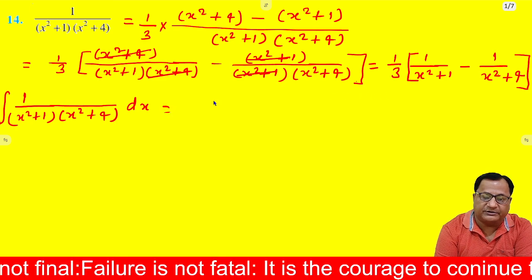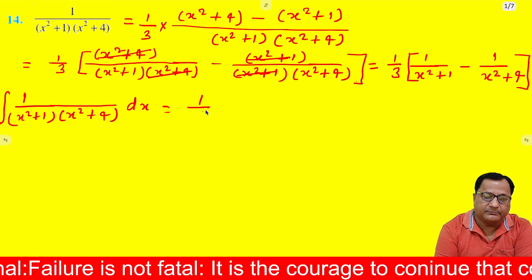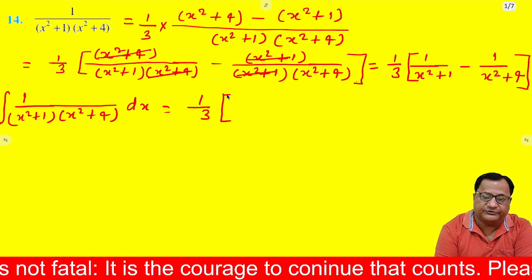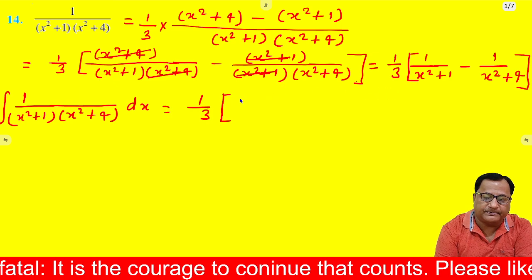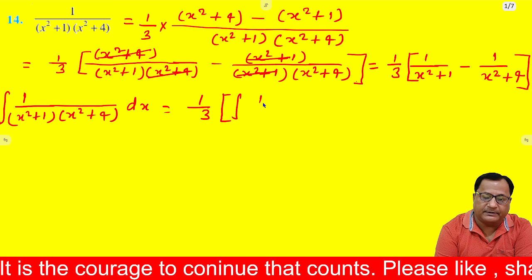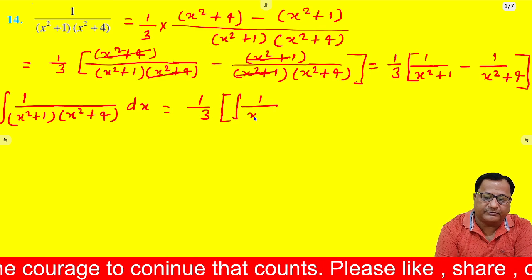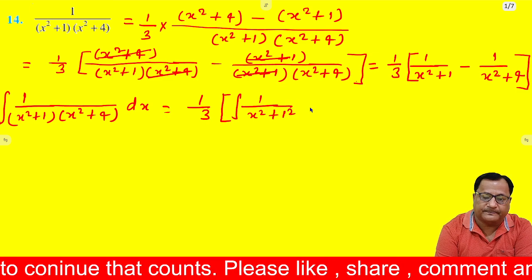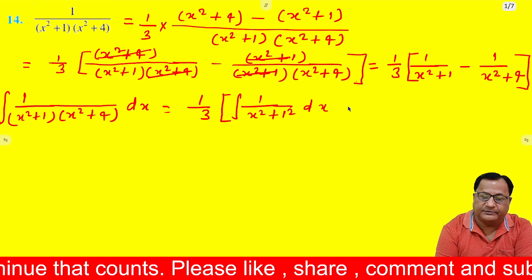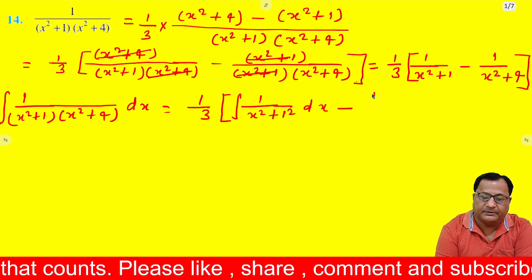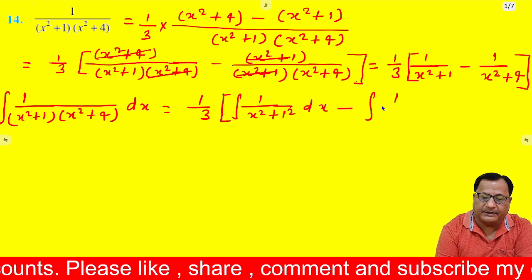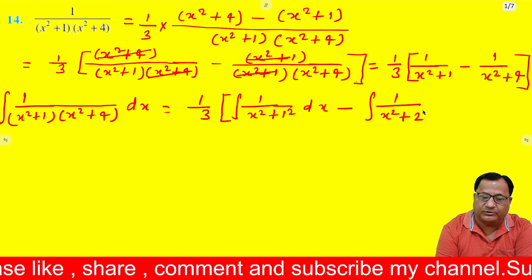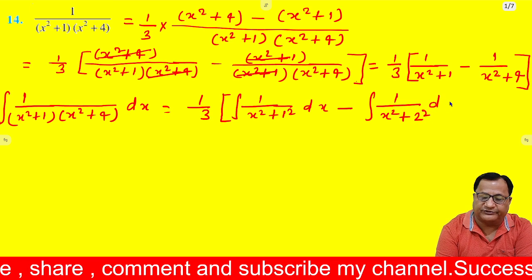So we will integrate this. 1 by 3 is constant, so we can write this separately, and here 1 by x square plus 1 square we can write this, and dx minus 1 by x square plus 2 square dx.